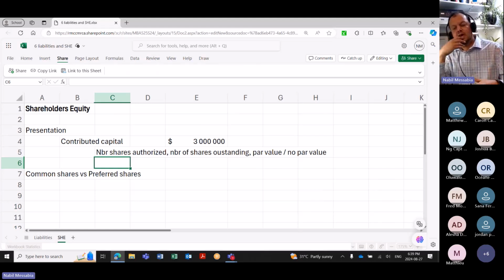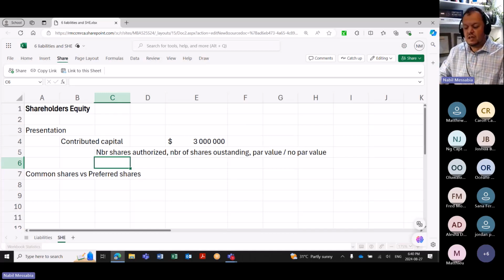Usually the market value for the shares is higher than the par value. It means the par value should be established in a way that for sure we will collect more. Because the difference will be considered as contributed surplus. If the company issues shares at par, the excess, the overpayment above the par amount will go to what we call contributed surplus, which is a new item on the shareholder equity.